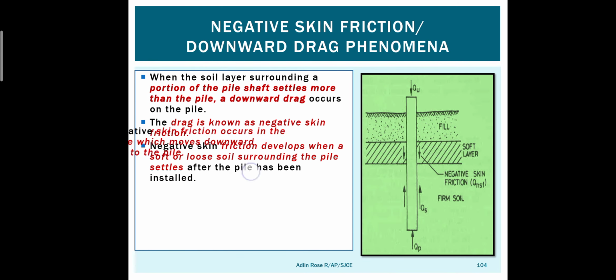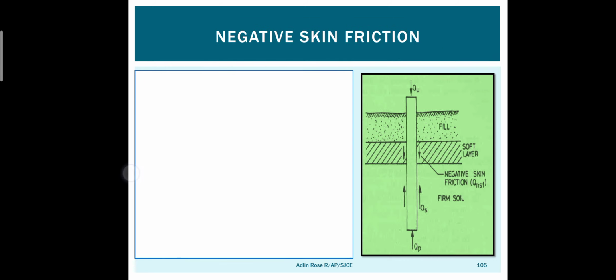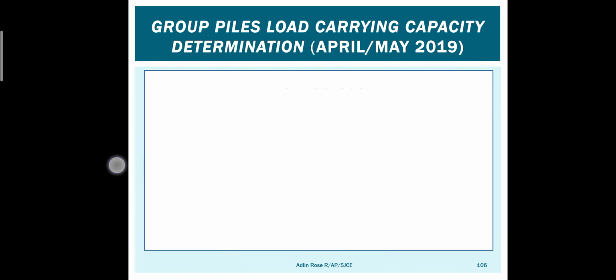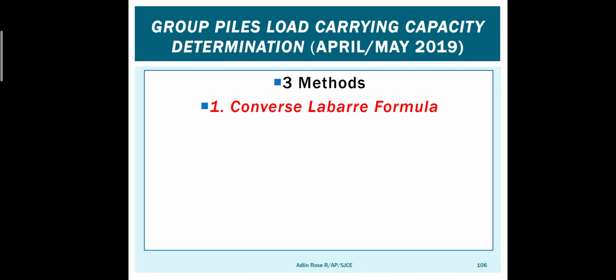Okay, next is the group pile capacity. So 4 methods for single pile capacity are over. Next we have group pile capacity, and for finding the group pile capacity we have 3 methods. We have a lot of methods, but for your syllabus it's only 3 methods, and we'll be looking at them.